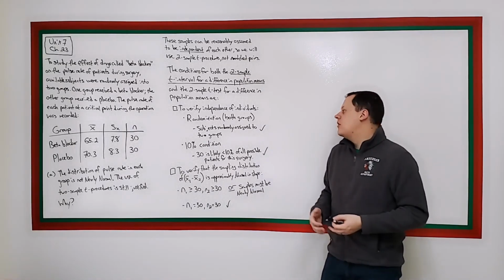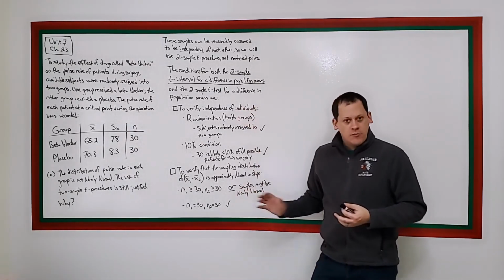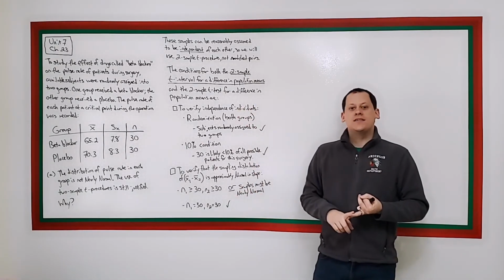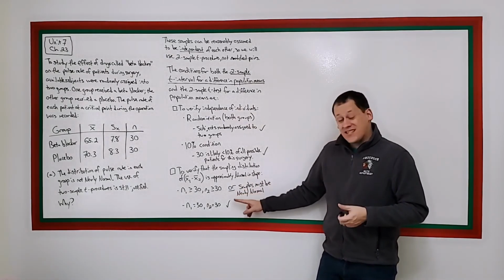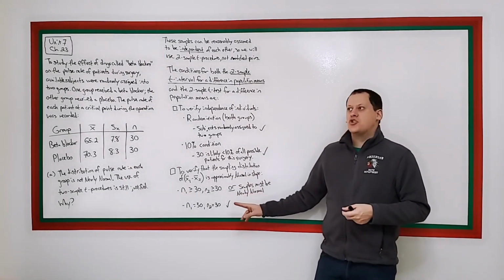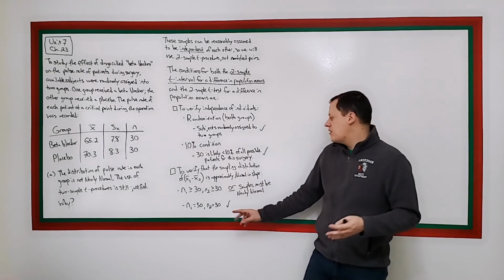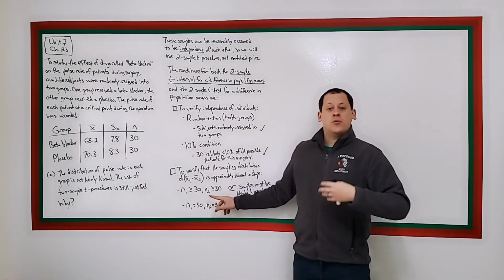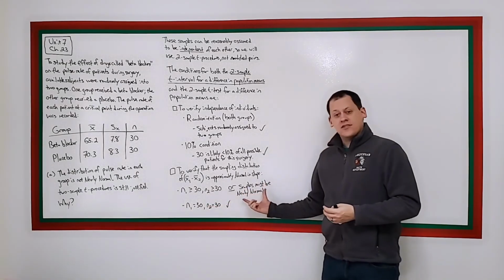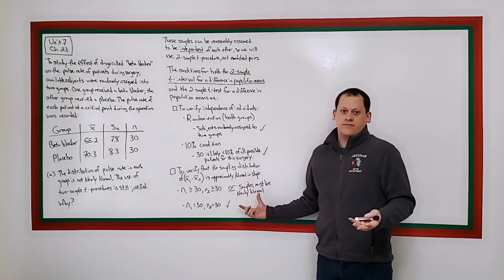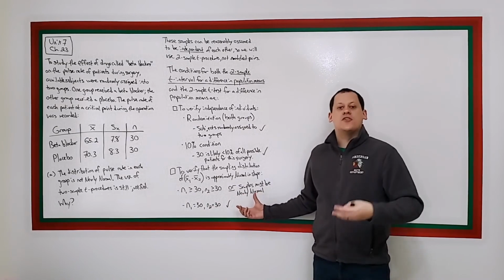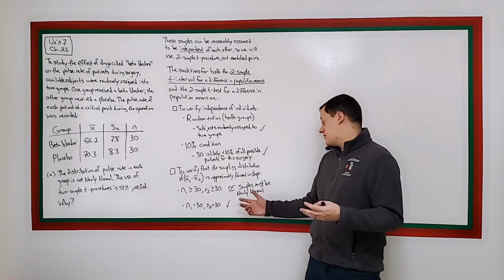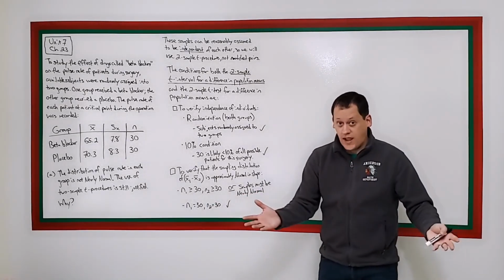In general, when we're getting into these two sample T intervals and T tests, for this condition, I would be shocked if you weren't either given large enough sample sizes or told straight away that the sample distributions were unimodal, roughly symmetric, and free of outliers, or just approximately normal outright.